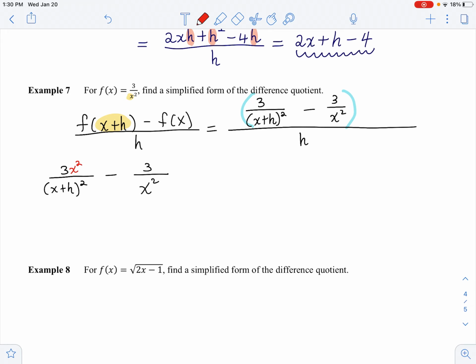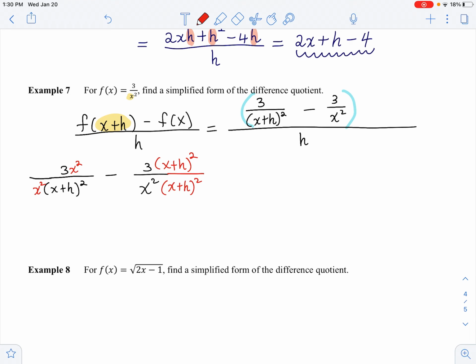So I'm going to multiply x squared to the top and bottom of the first fraction. The second fraction only has x squared, so I'm going to copy down x plus h squared on top and bottom. And voila, now they have a common denominator, right?